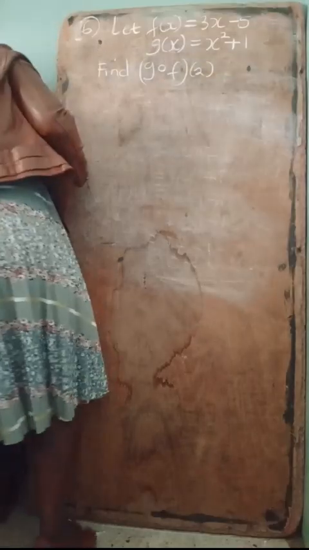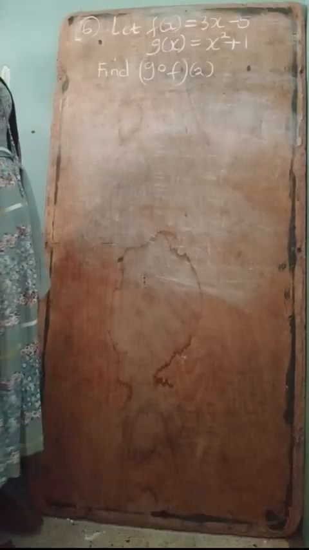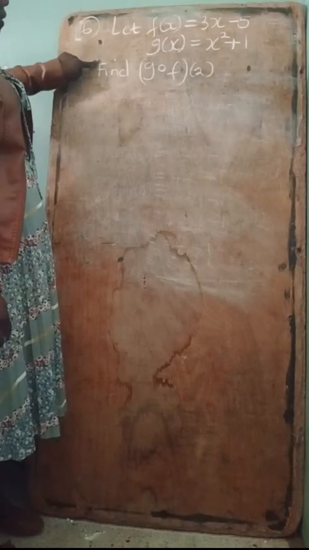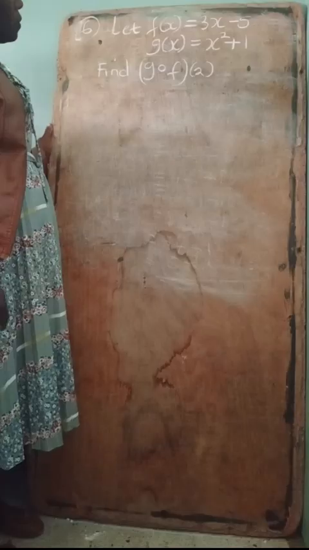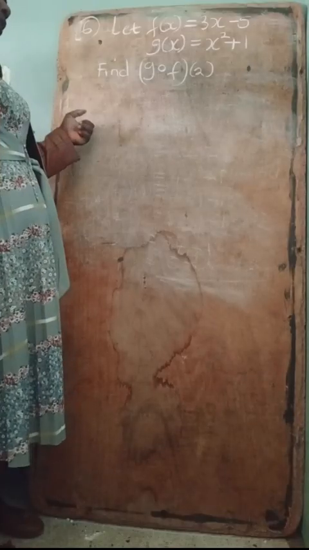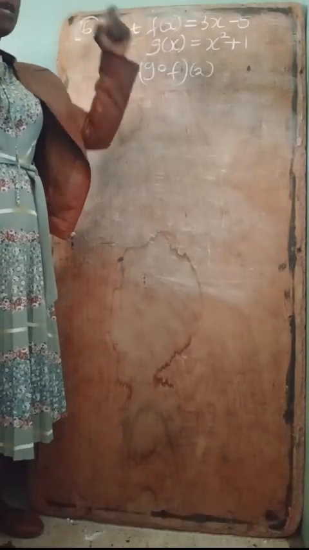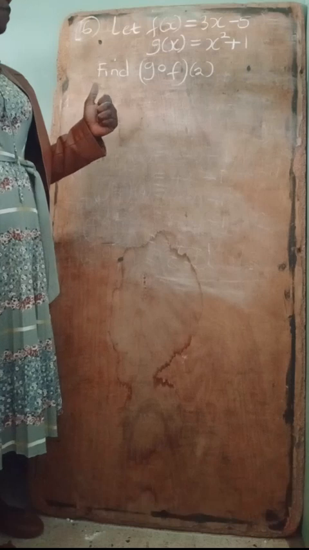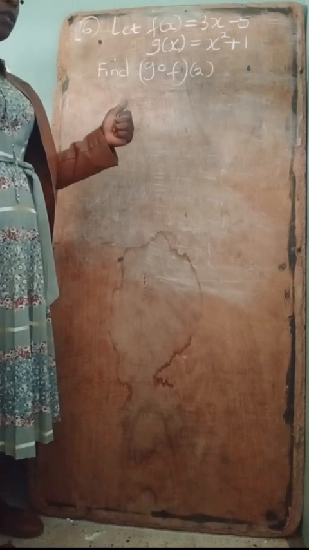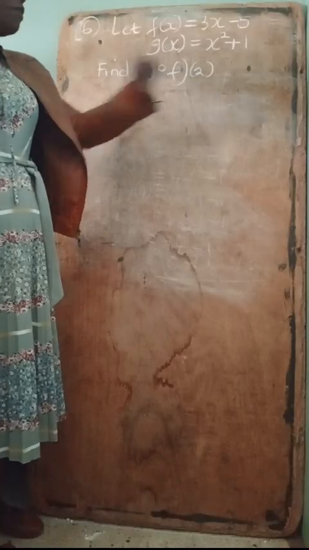Okay, so now how do we find the g of f of 2? So finding this one is very simple, because first things first, as we said, when you're given a question, first of all, merge or put the functions together, make a composite function. Then after making a composite function, that's when you come and replace your given figure.